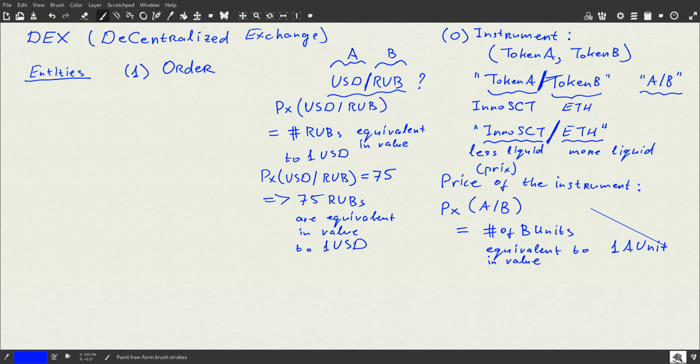So that's very important, that the price of A to B pair is always expressed in the number of B units. That's just the convention.